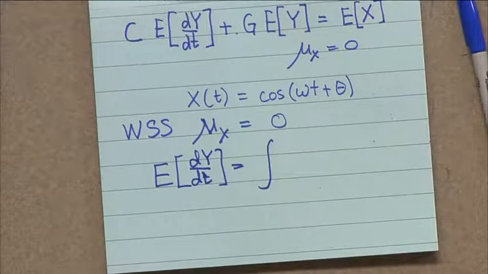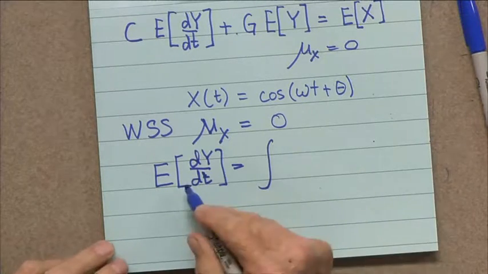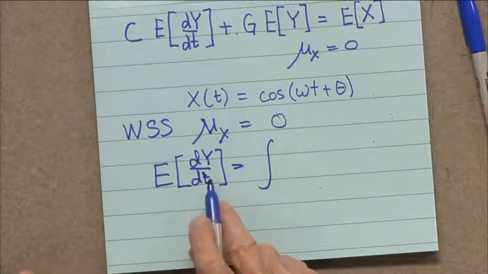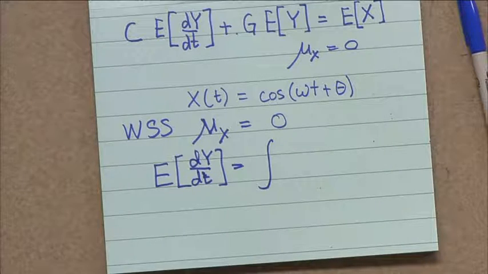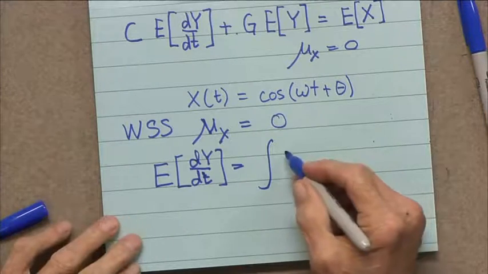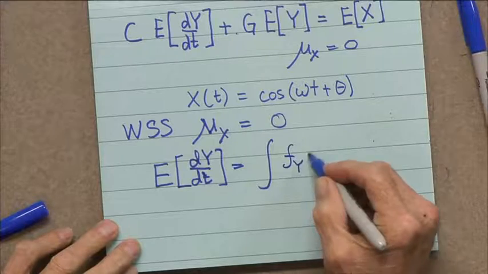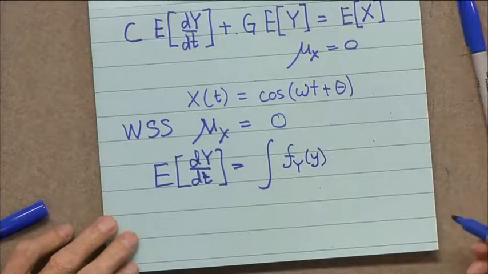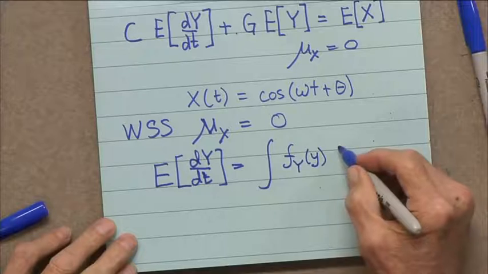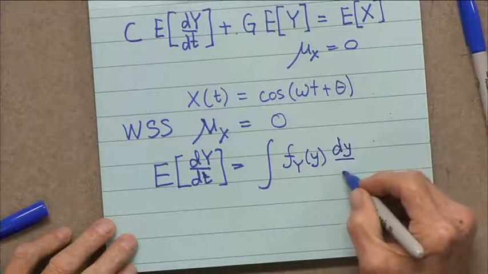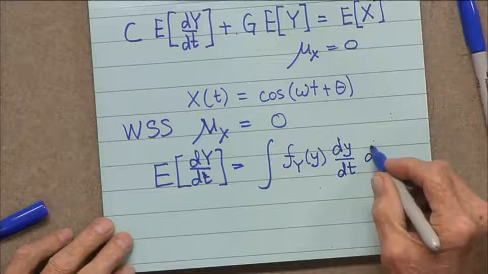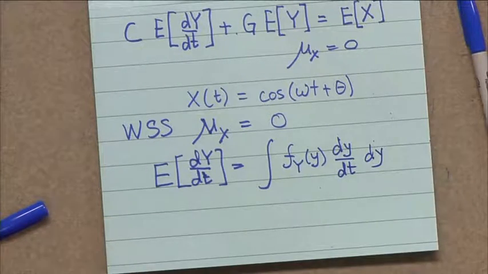I'll use an integral. It could be a sum. We need the density of y, f Y of y, times dy/dt times dy, would give you the expected value.